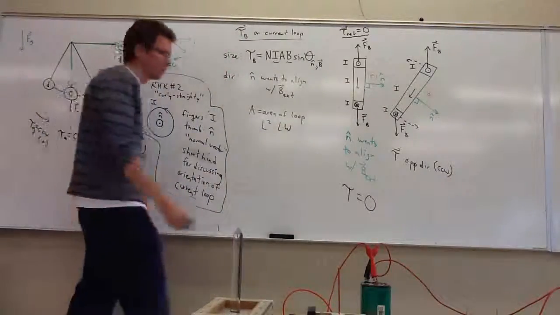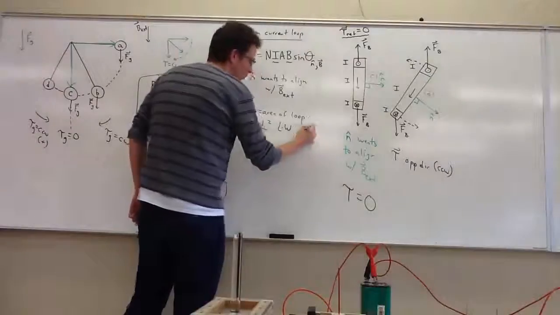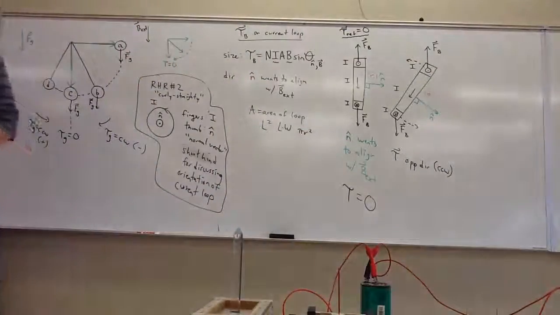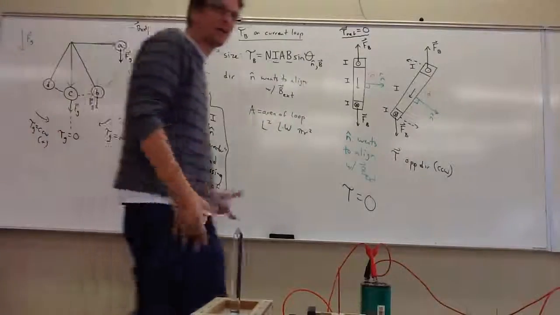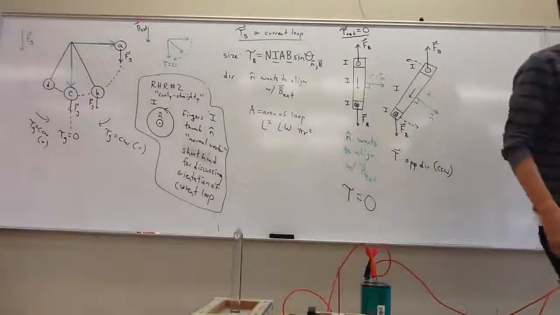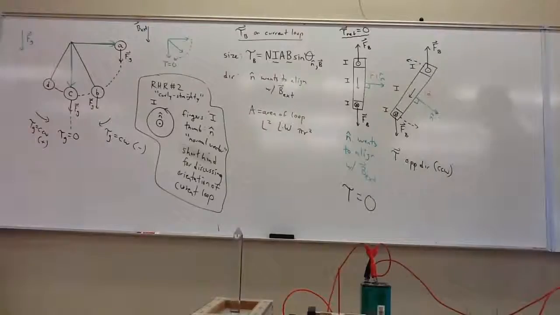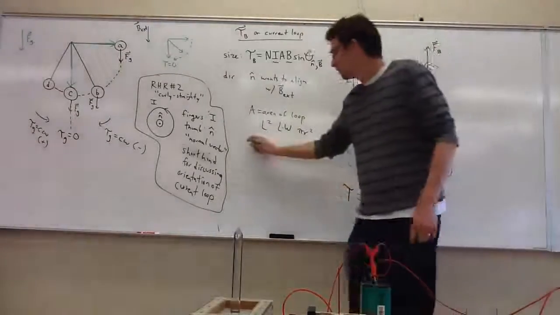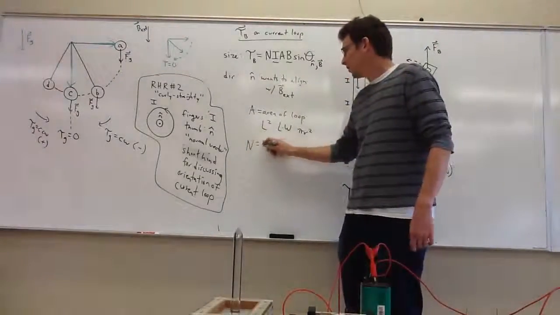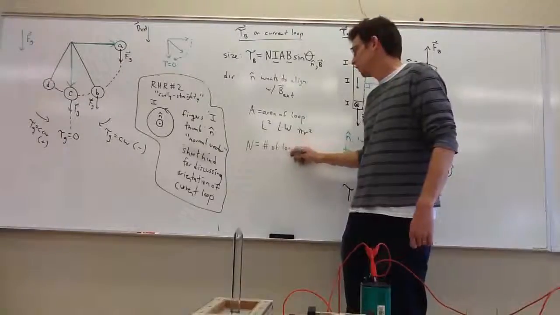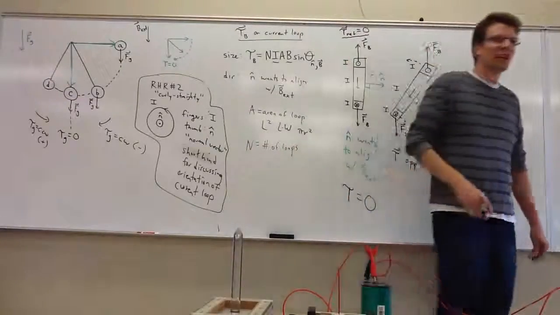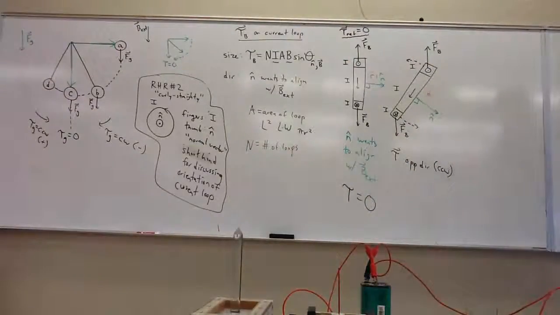Maybe it's a circle, you can use pi r squared, or whatever. It's the physical size of the loop. Any closed loop is going to have some kind of area, right? And then, the n is just the number of loops. So that gets to be like your multiplier in the front.